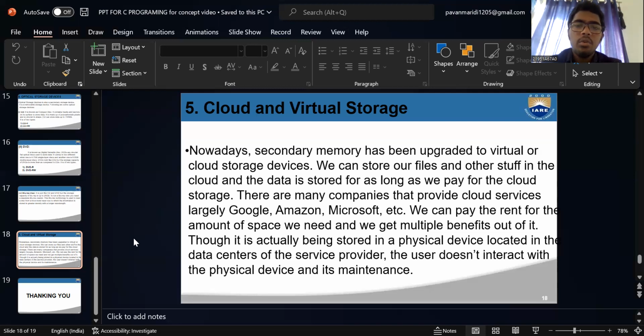It is the new technology, and nowadays most of the people are using this technology, cloud storage and virtual storage. These are the types of storage devices and the storage things we are using in a computer or a laptop. I hope everyone understands my concept and everyone is clear about these things.